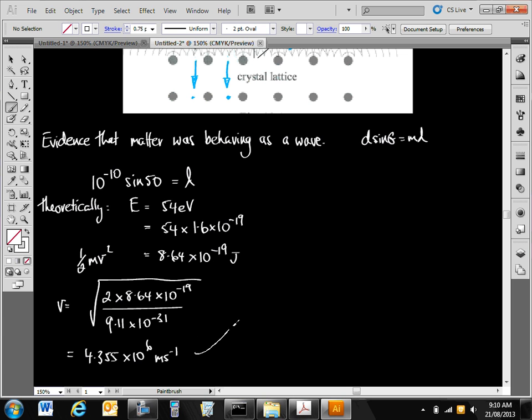Now we'll come up here. Momentum equals mass times velocity, which is equal to 9.11 by 10 to the minus 31 multiplied by the velocity, 4.355 by 10 to the 6 meters per second.